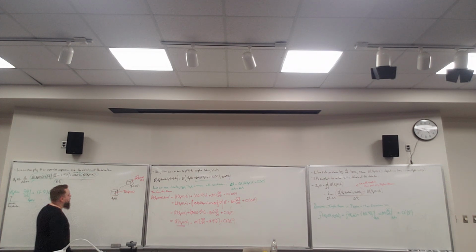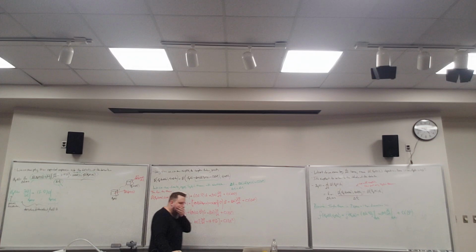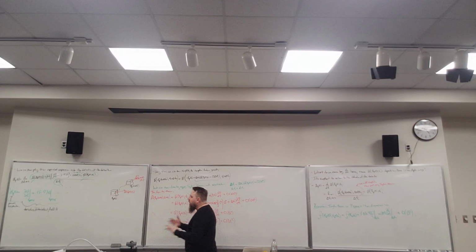That's the definition of acceleration. And we've written that particle acceleration in terms of derivatives of the velocity field. And so this is exactly what we were trying to do.